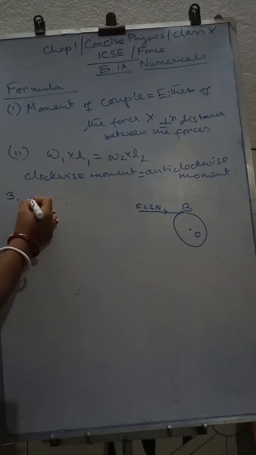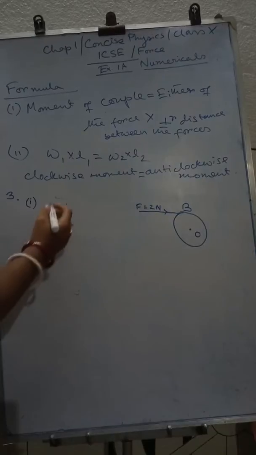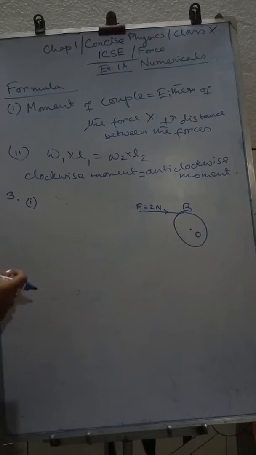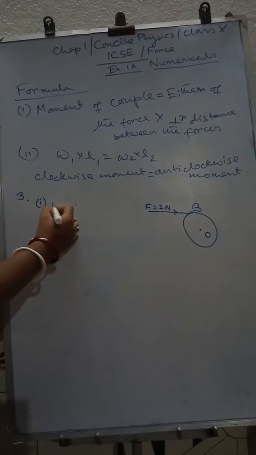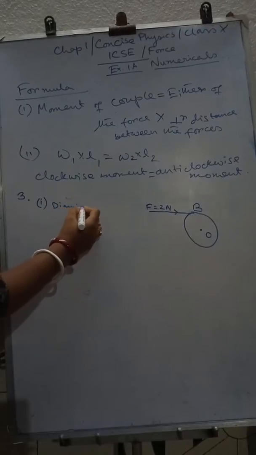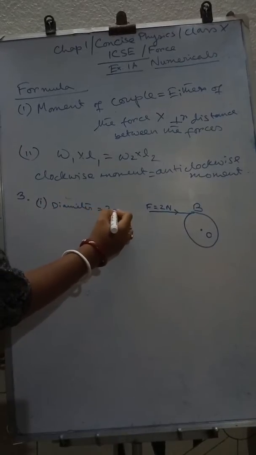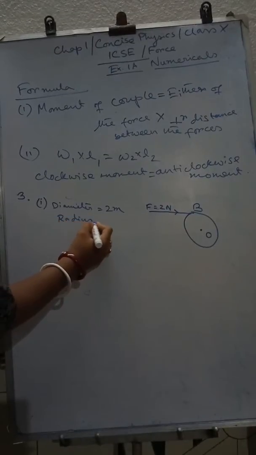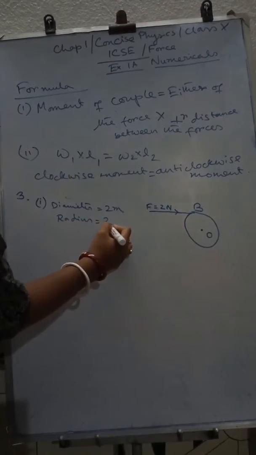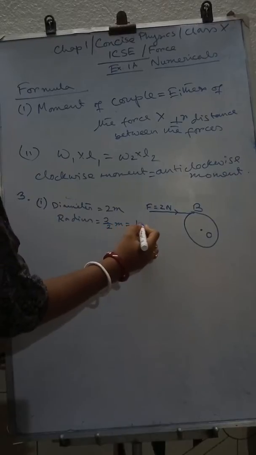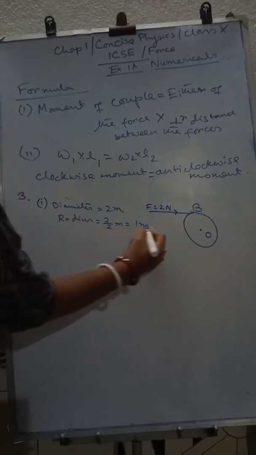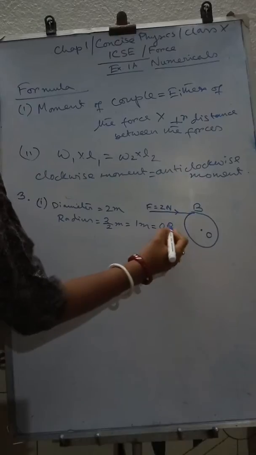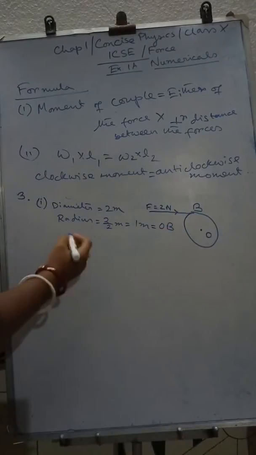For about the center O, we have to first solve the problem. Here diameter is 2 meter. That means radius of the wheel is half of that diameter, that means 1 meter. And OB is the radius of the wheel.